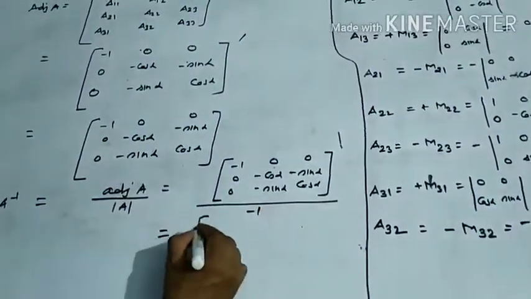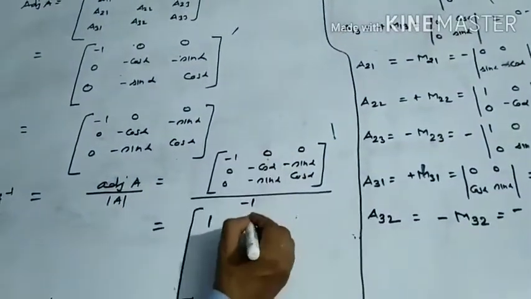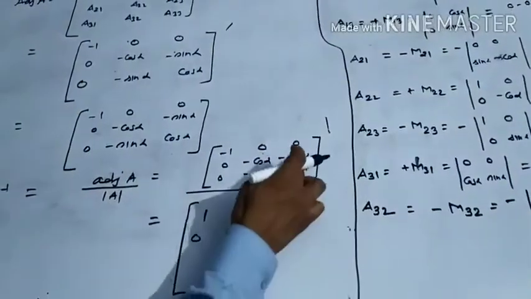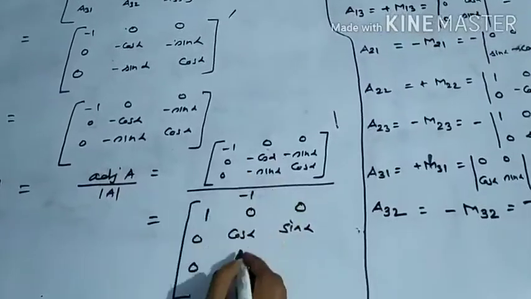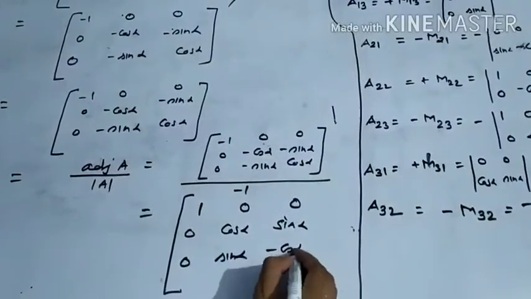This is equal to, this become plus, here this is the 0 0 0, this become plus, means this is the cos alpha, this become plus, means this is the sin alpha, 0, this become plus, means this is the sin alpha, or this become minus, means this is the minus cos alpha.